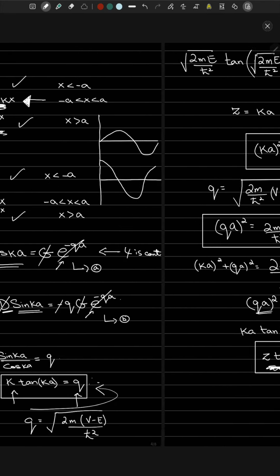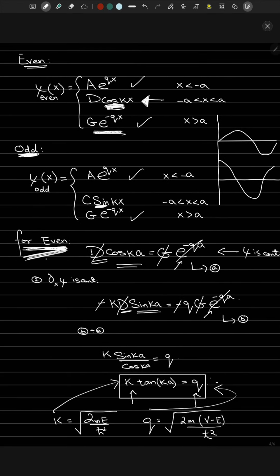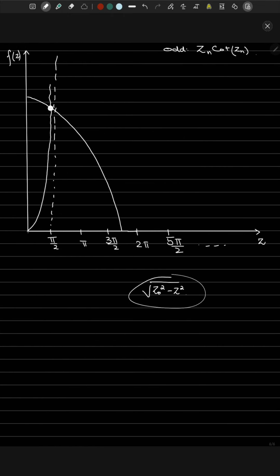All you have to do is follow the exact same steps that we followed from this point onwards, but for the odd wave function, which is this one, right? And so you know that the cotangent at 0 is infinity, which means that it does not exist.